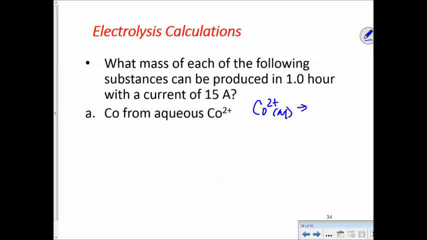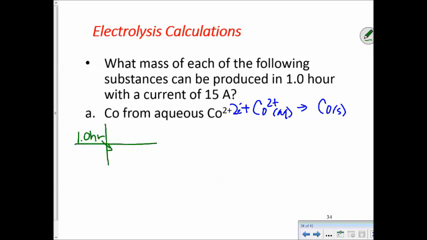And we're trying to electroplate. We want to get the cobalt solid. So in that process, what's going to be the transfer of electrons? We've got to have 2 electrons being transferred. So now we know our moles of electrons. We can continue with our setup. Correct? So over here, this should be 1 hour.